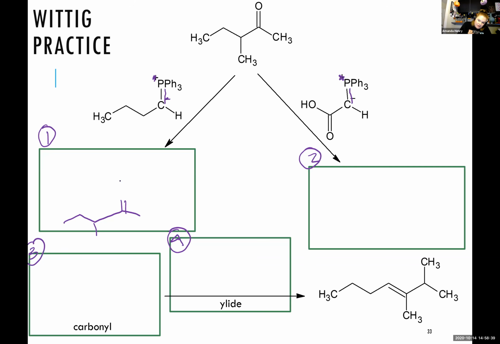What should go on the right-hand side? What should be at the end of that bond? Hydrogen? Yeah. And then what's on that side? The alkyl group? Yeah, this propyl group right here.